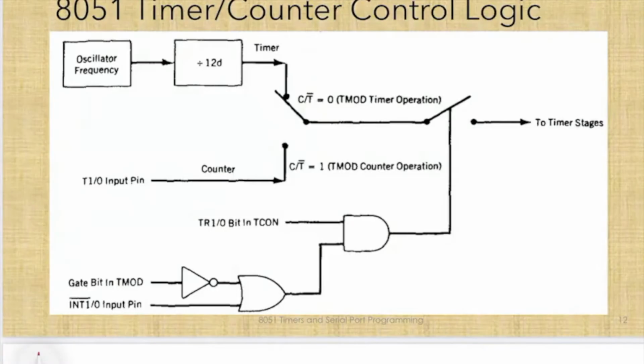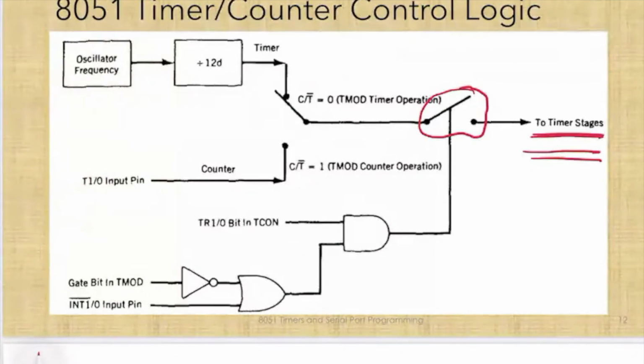Just to have a very brief idea about what this diagram is about, you can look at this entire circuitry. I'm just talking about the output side. This is going to the timer stages. Let us forget what the timer stages are for now. But in order for something to go to the timer stages, we need a master control, and that master control is the switch.